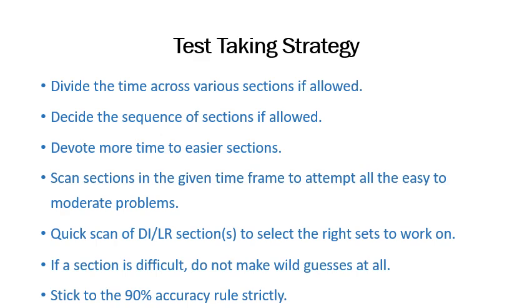So what one can do is initially spend some time going through the DILR section and try to select the right sets to work on. If a section is difficult, do not make wild guesses at all. Stick to the 90% accuracy rule strictly.